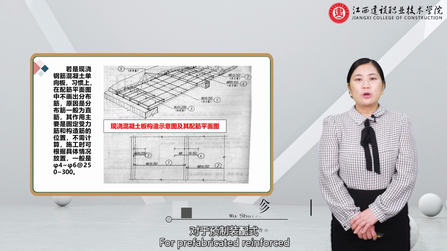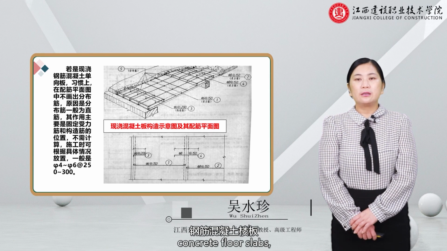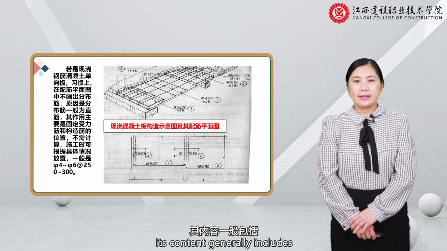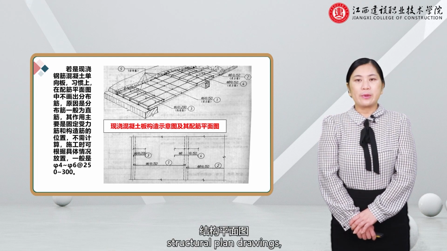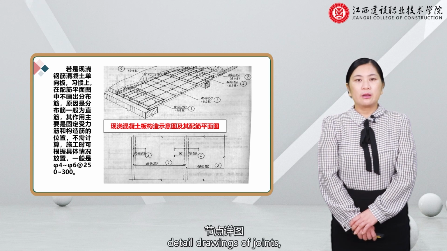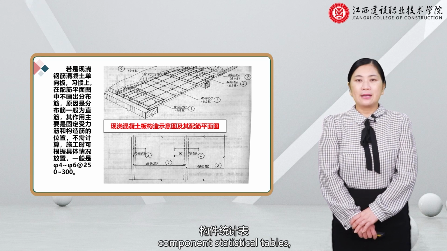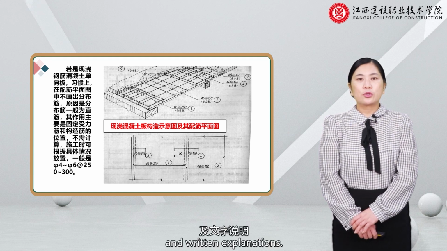For prefabricated reinforced concrete floor slabs, its content generally includes structural plan drawings, detailed drawings of joints, component statistical tables, and written explanations.